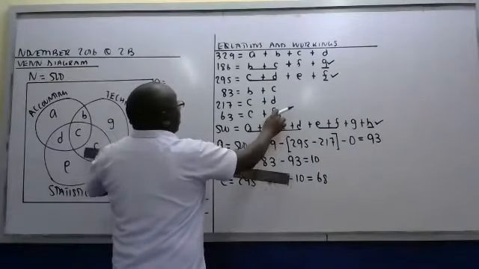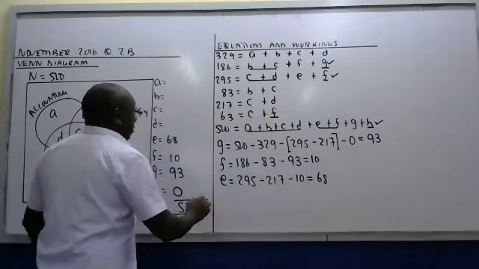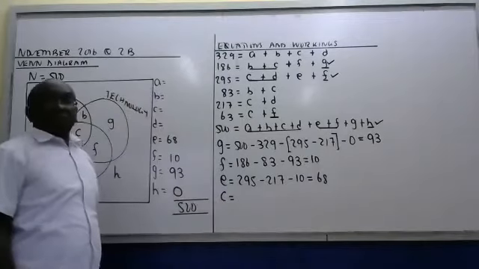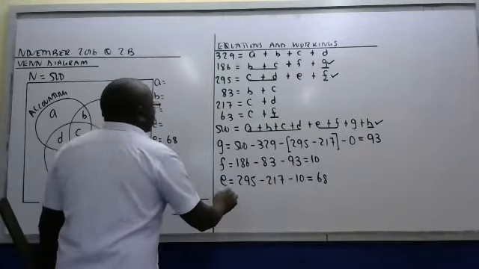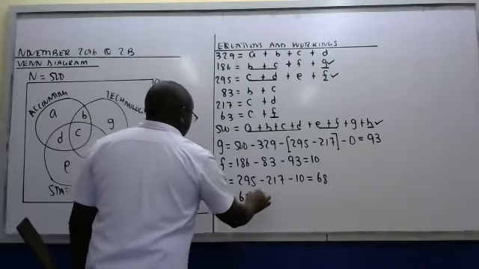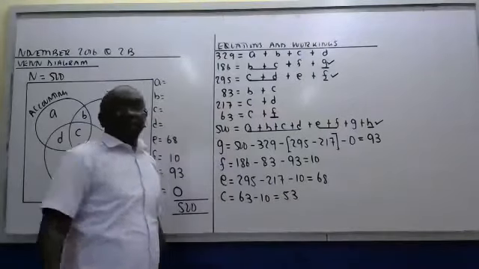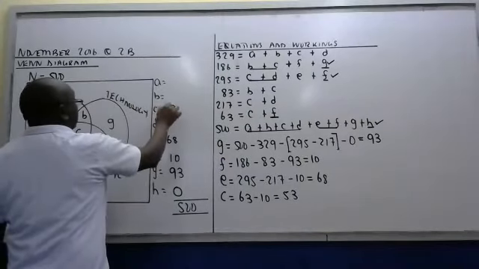Let's come here, where we know F. So based on that, we are able to get C as being equal to 63 minus F, which is 10, and you get that one is 53. So 53, C is 53.